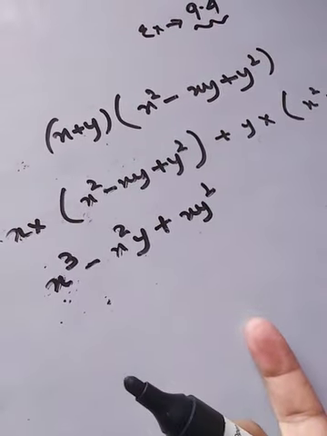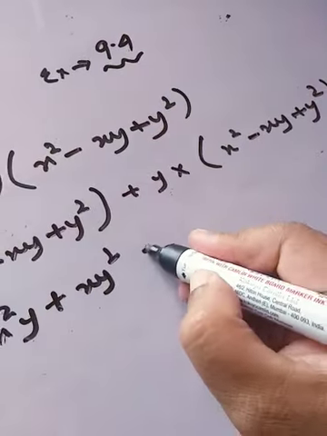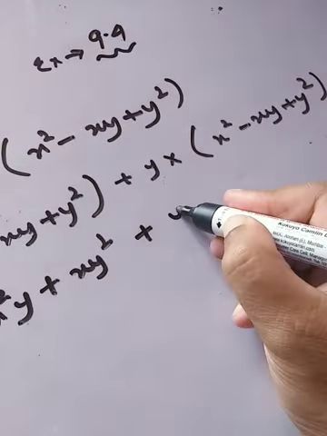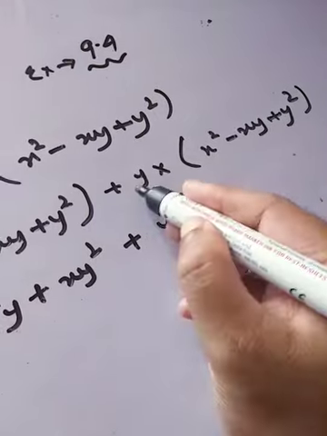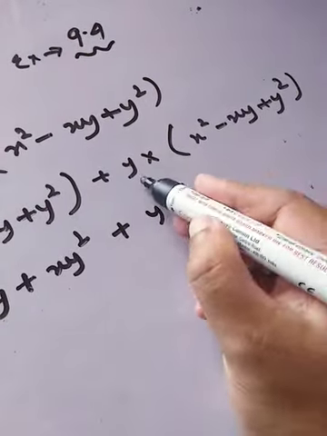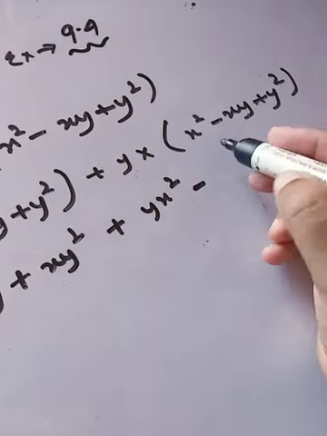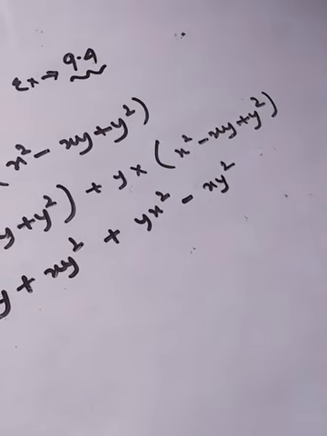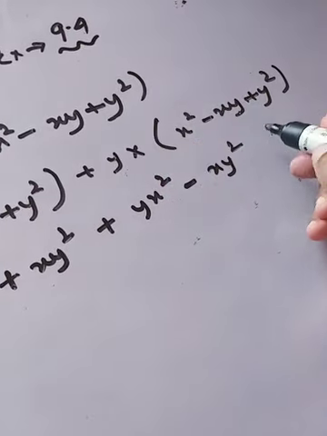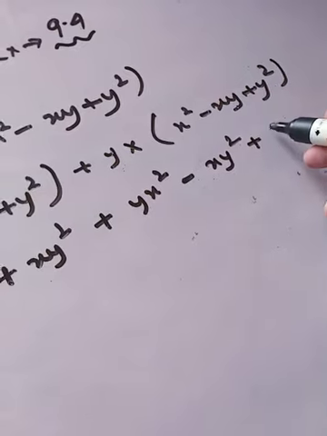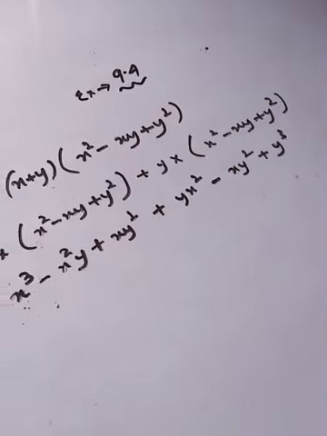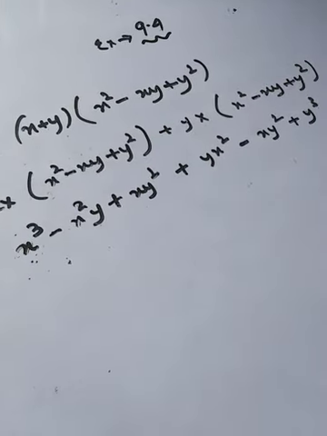So simple. Okay, the same thing we'll do here. Y into x square is what? Yx square. Plus minus is what? Minus y into xy. 2y are there, so you will write this one. And plus is plus y into y square is how many y? Y cube. Now you have to see whether any like terms are there or not.